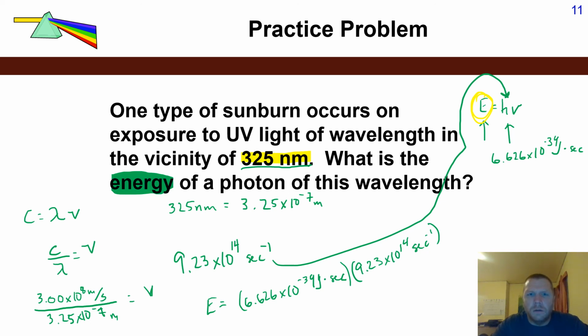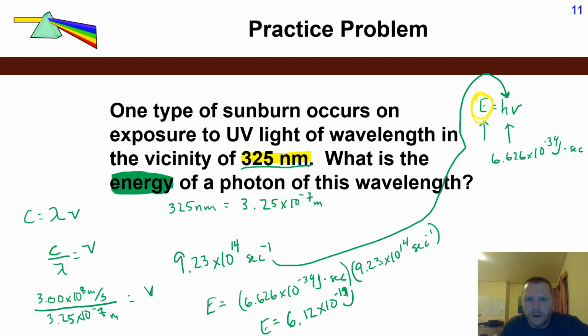What you get is 6.12 times 10 to the negative 19th joules.